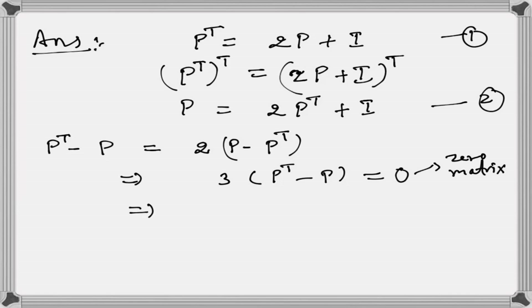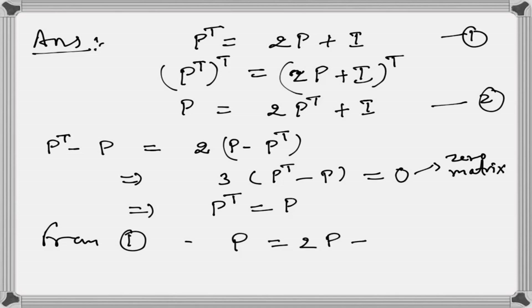So this implies P transpose is equal to P. So that is, P is a symmetric matrix. Now given P transpose is equal to P, from equation 1, P is equal to 2P plus I implies P is equal to minus I. Alright, so this is what we obtained.